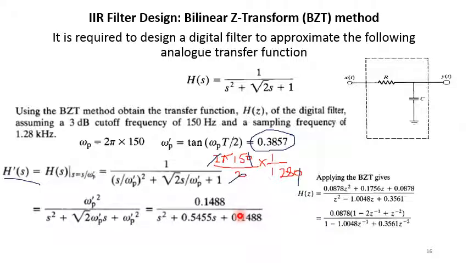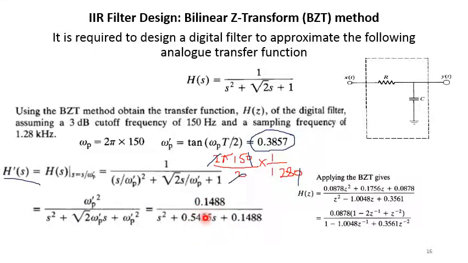BZT is simply replacing S by Z minus 1 over Z plus 1. If I replace S by Z minus 1 over Z plus 1, I'll have 0.1488 divided by Z minus 1 over Z plus 1 whole square plus 0.545 again for S, Z minus 1 over Z plus 1.